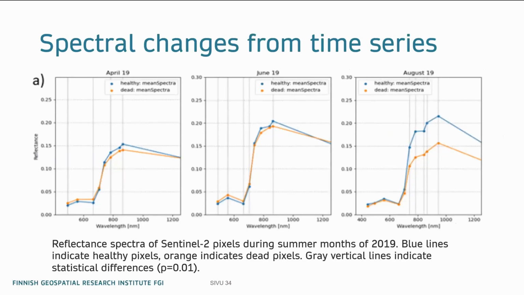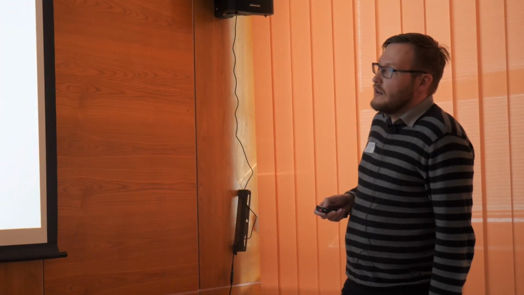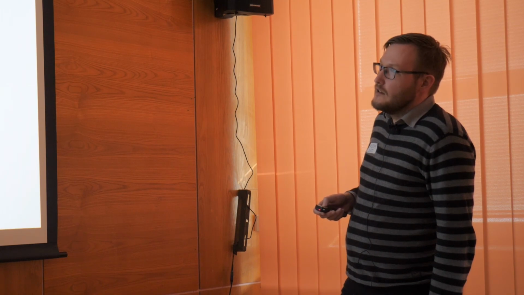Then we were also looking at the time series from the Sentinel pixels during the summer months of 2019. So here are the healthy pixels and then the dead pixels. In April there was already some kind of difference. They were already statistically different at that time, so the bars are again indicating this.